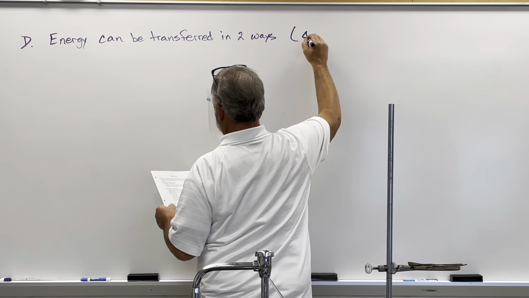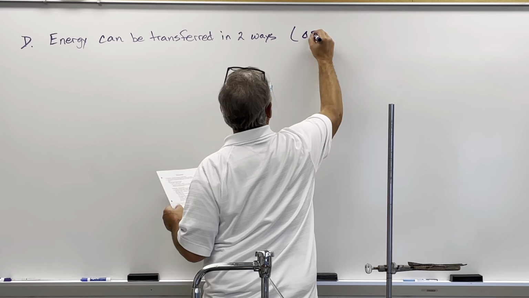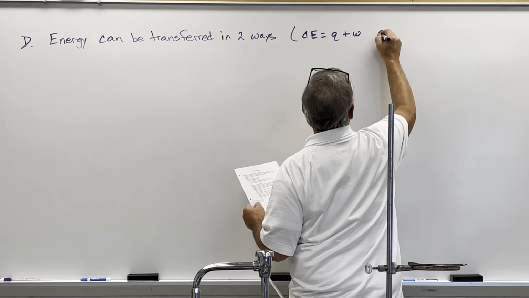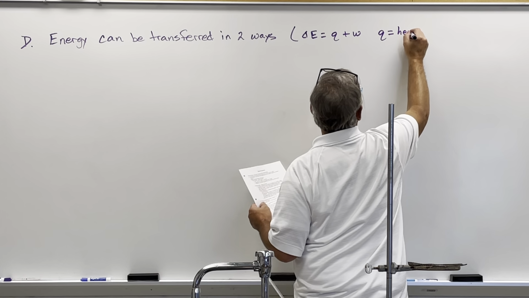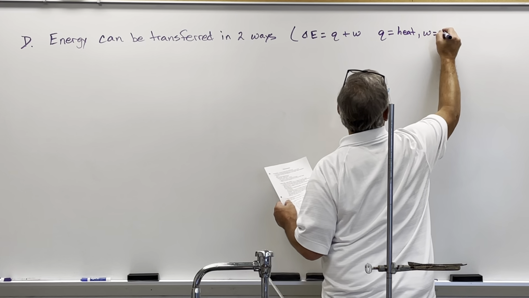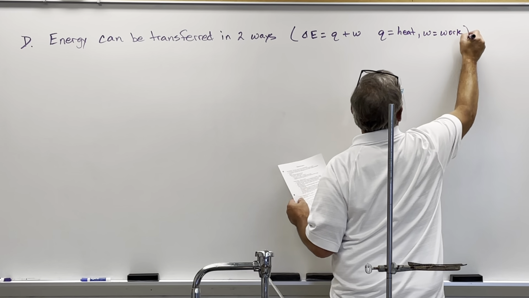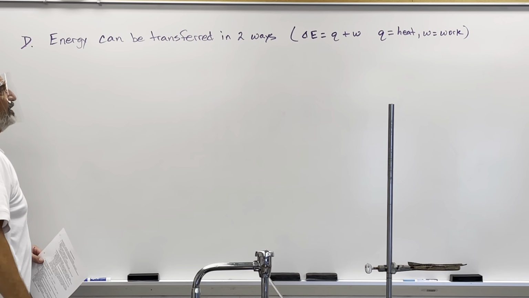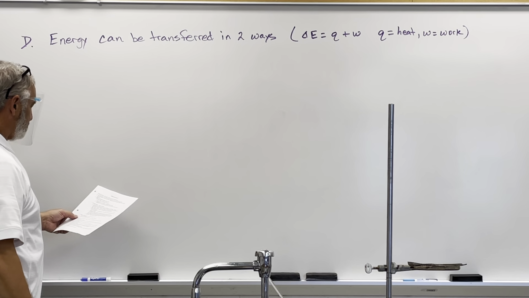So delta E is always going to be Q plus W, where Q equals heat, W equals work.